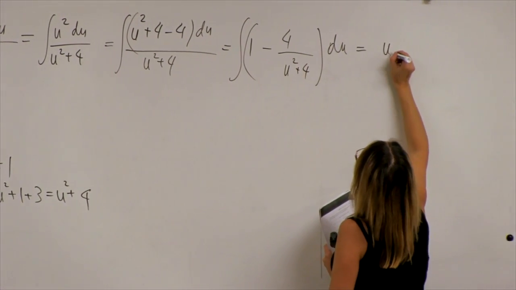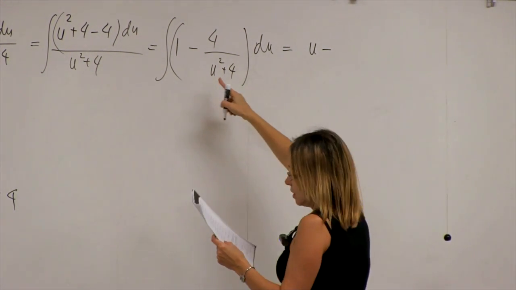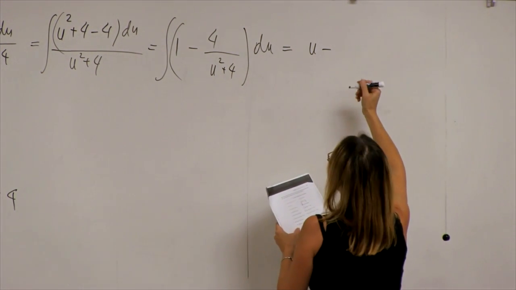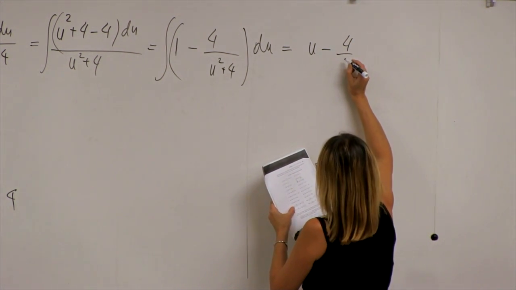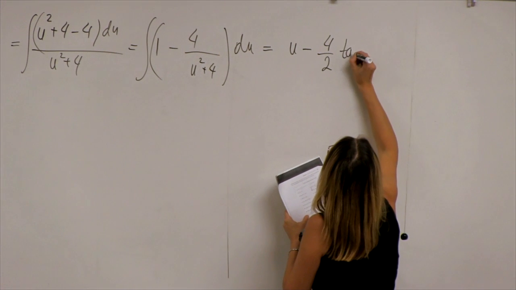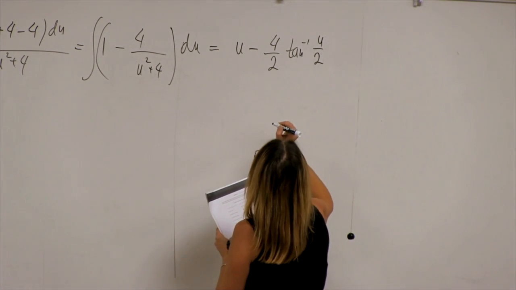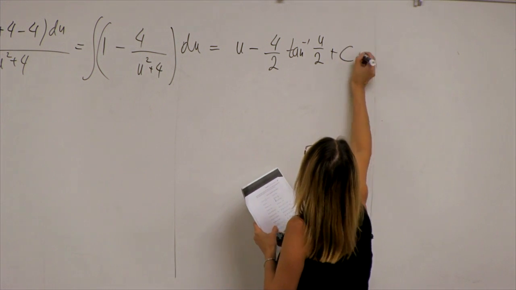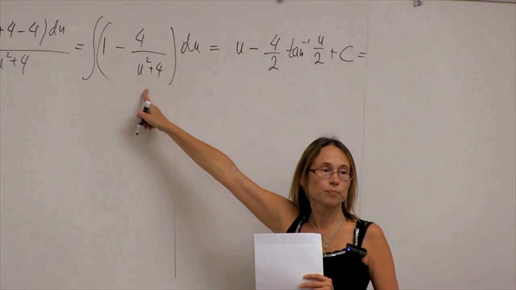This is simply u. And this integral I wrote down at the beginning. It's given by the arctangent. So we have 4 divided by 4, but divided by 2. Tangent minus 1 of u over 2 plus c. This is this integral.